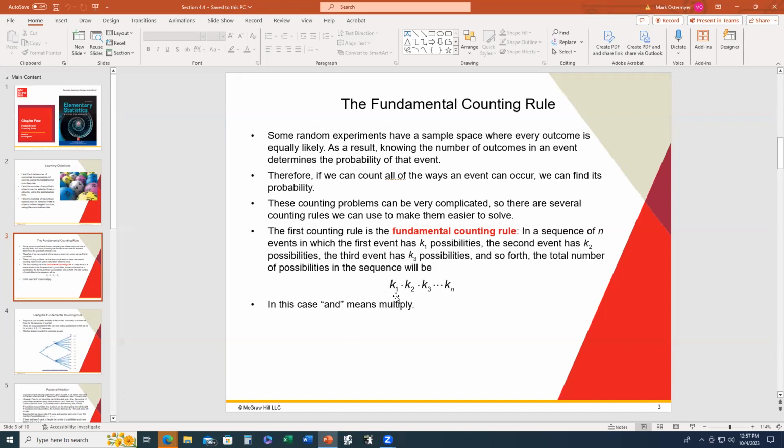Okay, so this is called the fundamental counting principle. And this rule is going to enable us to compute more complicated probabilities that we were unable to compute in the previous sections.